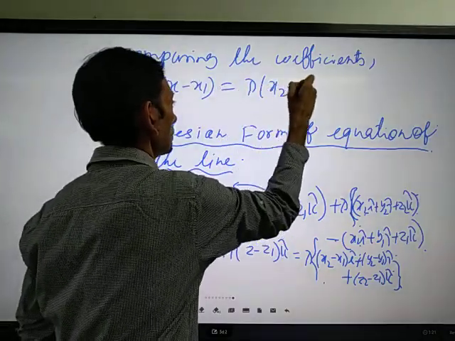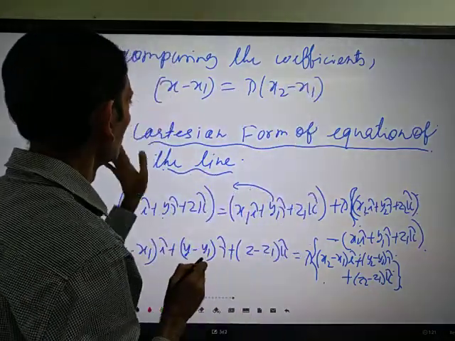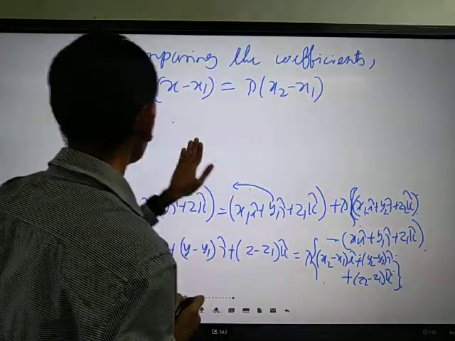It's lambda times x2 minus x1. Done. So it is just written in terms of lambda.